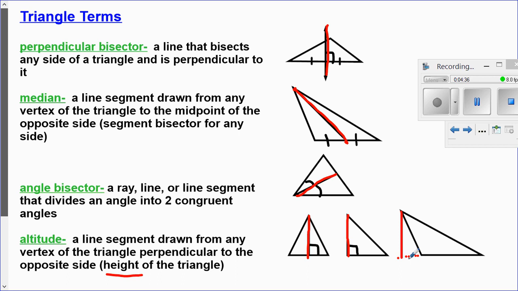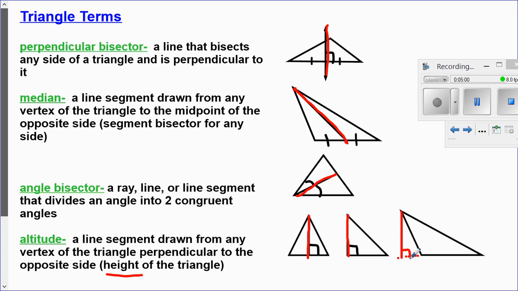So sometimes the altitude will actually be outside of the triangle and not in the triangle, which is what happened here. When I drew the altitude, the height of the triangle, going straight from the vertex down so that the altitude is perpendicular to the opposite side, I had to extend the opposite side a little bit.